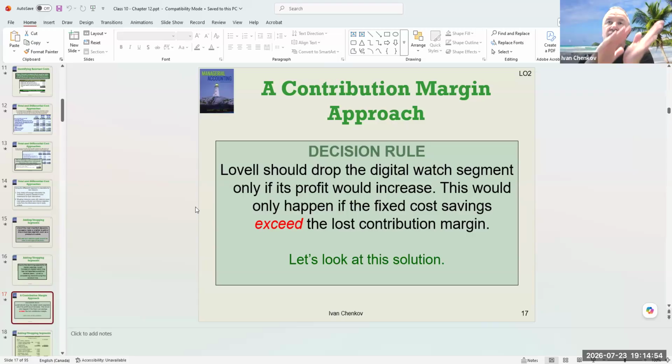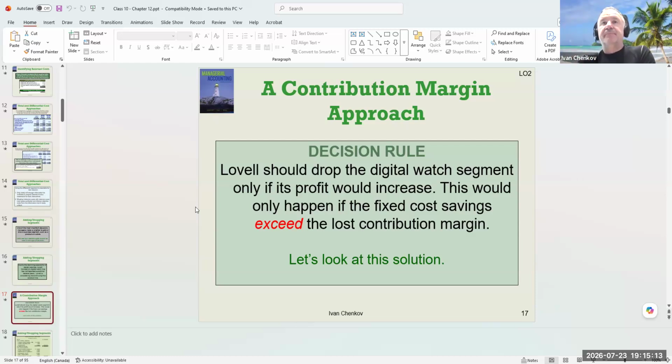If you drop what you have and that increases the bottom line or operating income, yes, eliminate. If it decreases the operating income, don't.